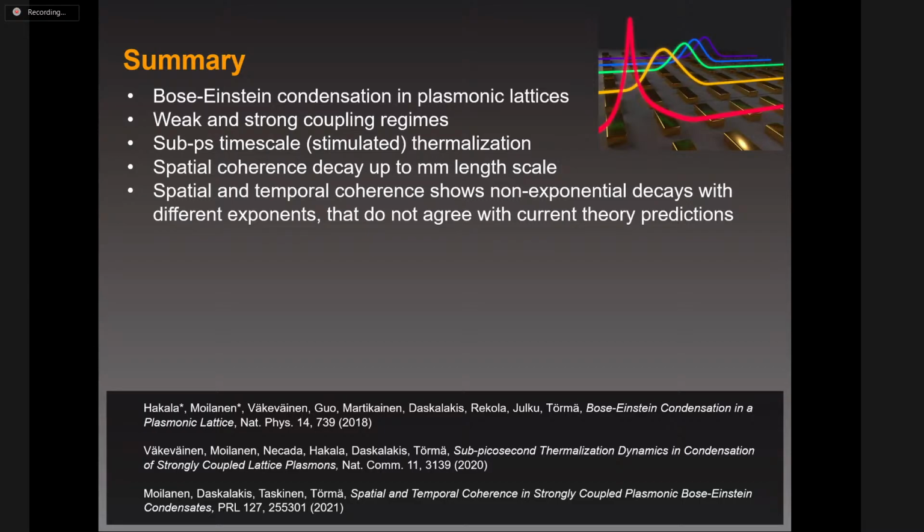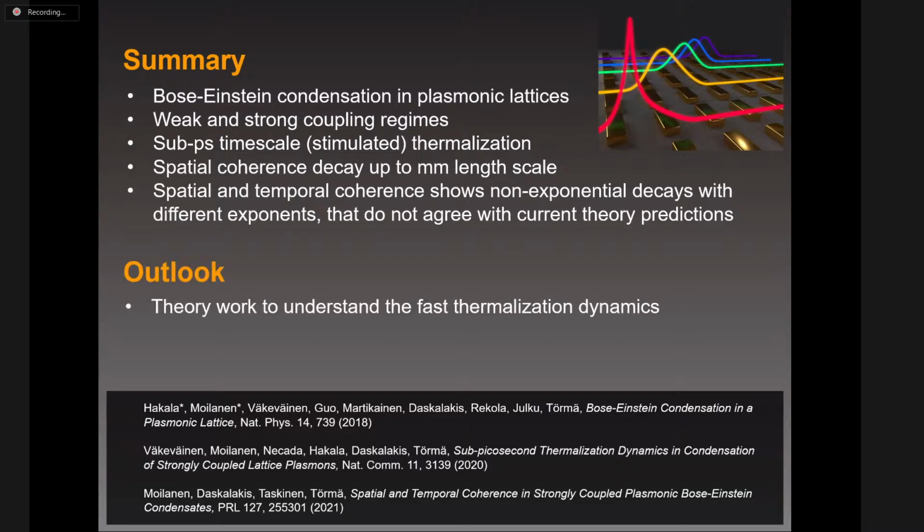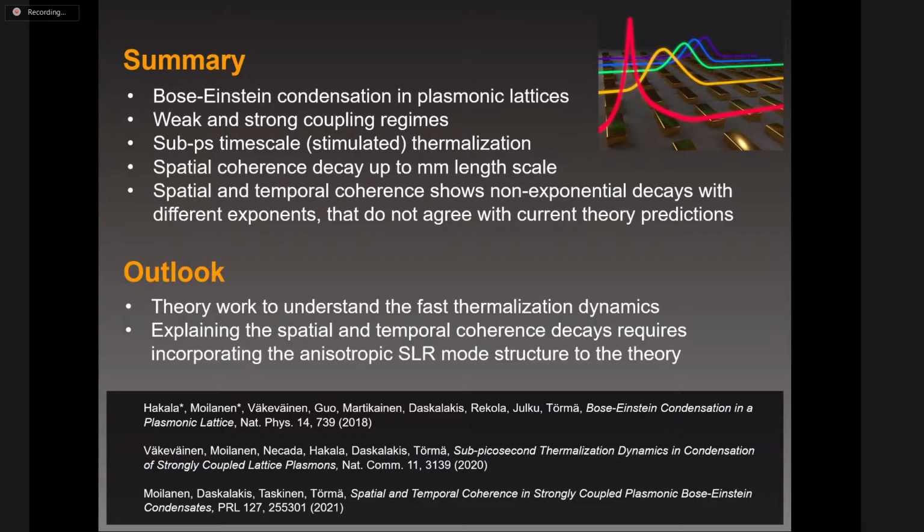And we find non-exponential decays in both spatial and temporal coherence, but we have not found agreement with the current theory predictions. That's why in the next steps, it would be important to have some new theory to understand this fast thermalization dynamics, and also to explain the spatial and temporal coherence decays.